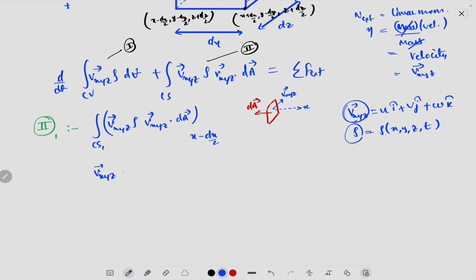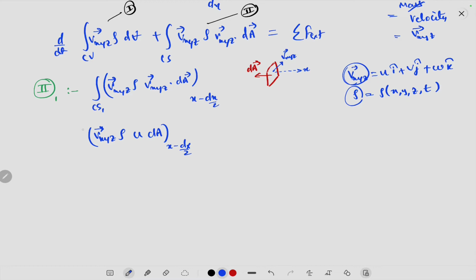So for this, the term will become v(x,y,z) rho u dA, and v(x,y,z), rho and u are defined at a fixed x, which is x minus dx by 2. Okay, and this is integrated over CS1.